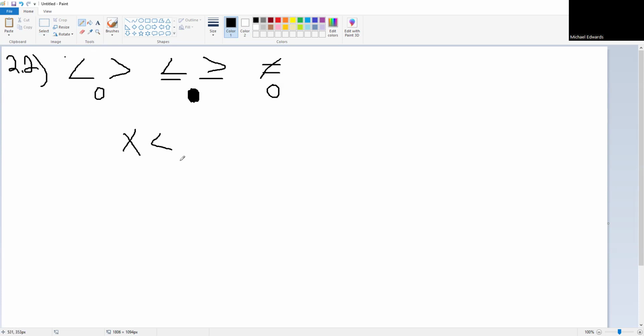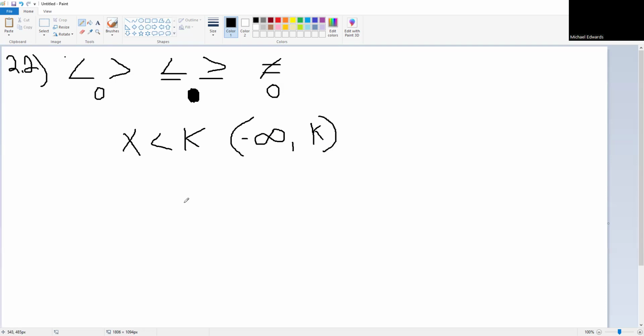x is less than, let's just give it another variable, k. And this is in your book. The interval notation for this, because it's a less than and it's open, is just parentheses, negative infinity, k.